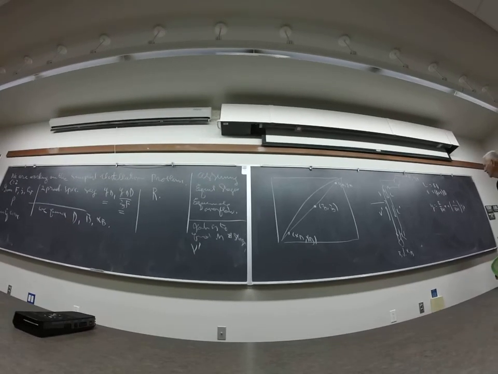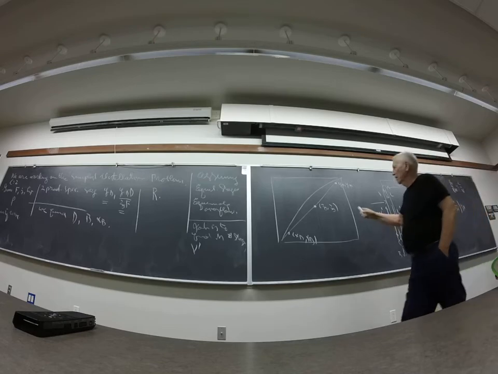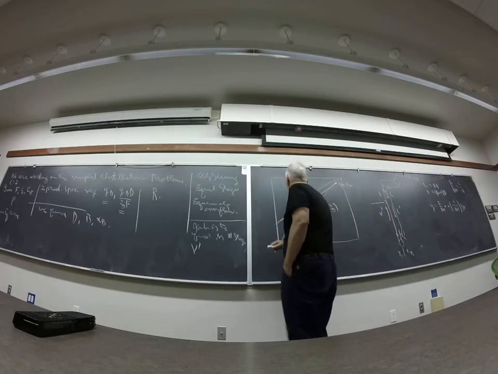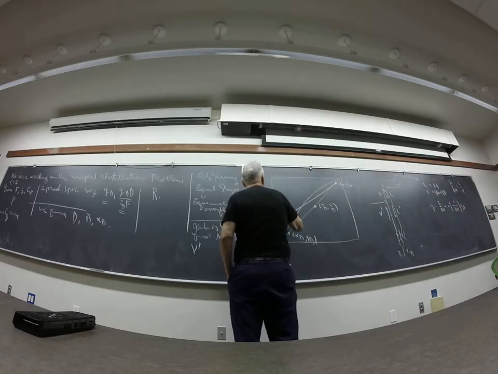Yeah, I like that. Now, this R over R plus 1 is L over V. So we have a line here of slope R over R plus 1, which is also L over V.